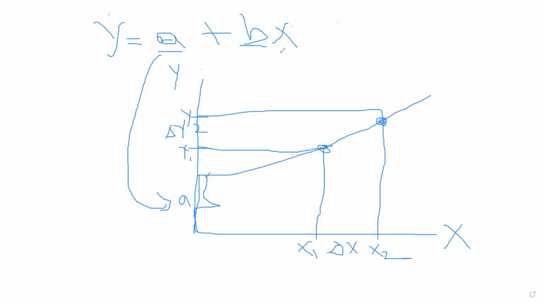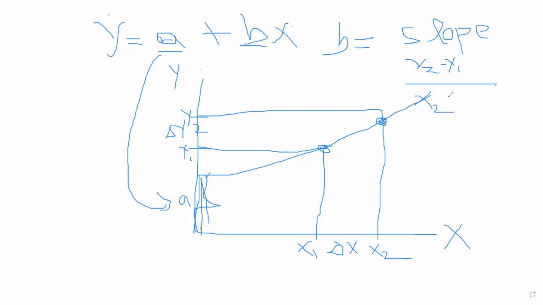B is denoted by slope, also known as gradient. In other words, B equals Y2 minus Y1 divided by X2 minus X1. This is the way we can get these two things.